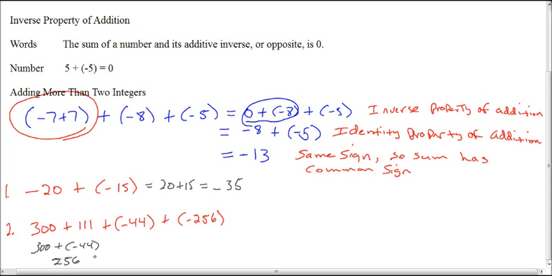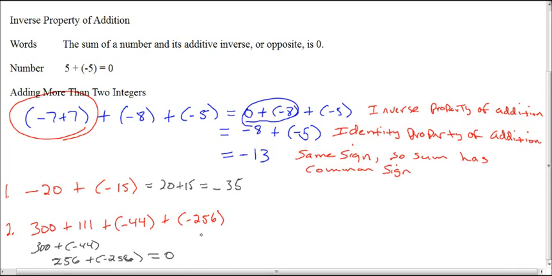And if we add a negative 256, we're going to wind up with 0. So let's make sure we understand what we're doing. 300 plus a negative 44 gives us a positive 256, and if we add a negative 256, we wind up with 0. And this is our inverse property of addition.